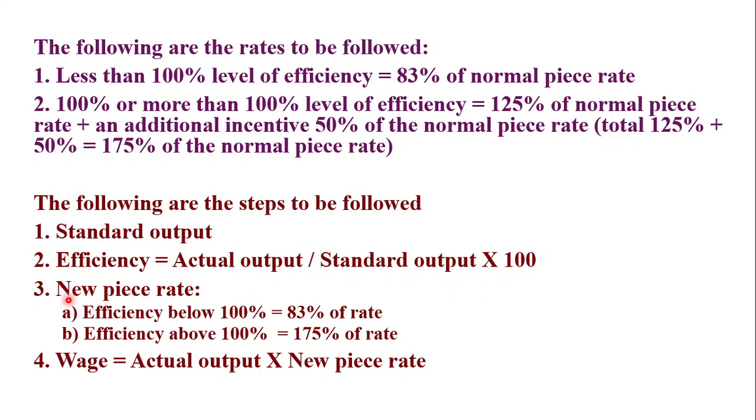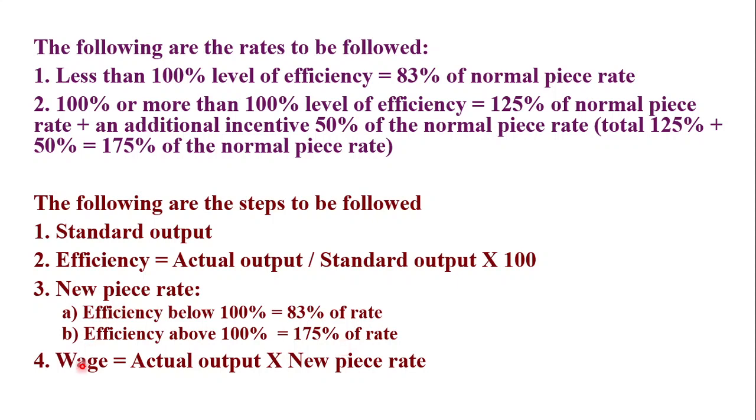The third step is the new piece rate, which is the piece rate that the workers will get based on their level of efficiency. As we have discussed, if the level of efficiency is below 100%, it is 83% of the normal piece rate, and if the efficiency is exactly 100 or more than 100, it is 175% of the normal piece rate.